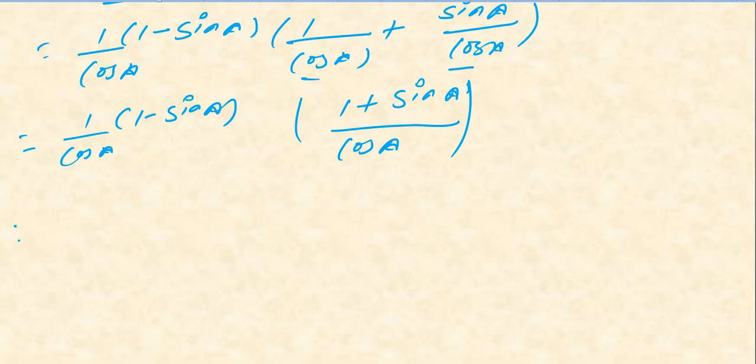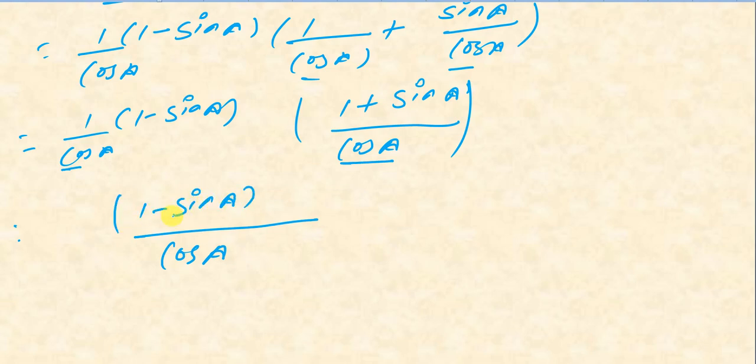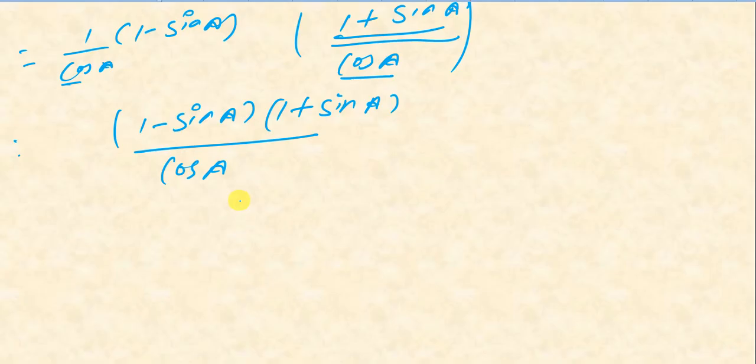You can write 1 upon cos A, 1 minus sin A, into 1 plus sin A, same. 1 minus sin A into 1 plus sin A is equal to a square minus b square, the a plus b, a minus b formula.